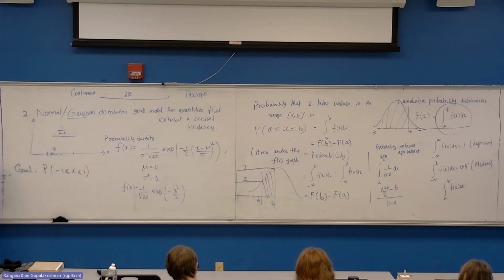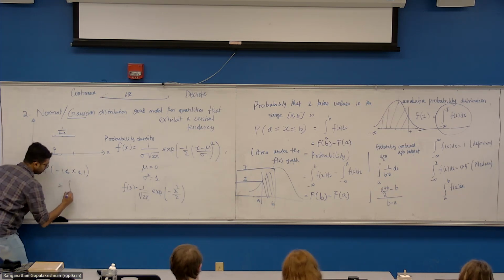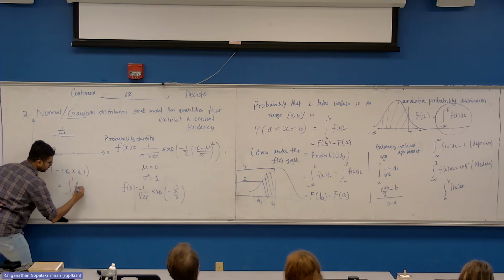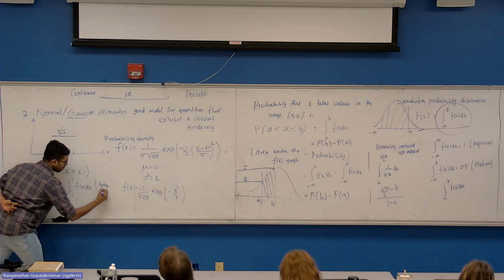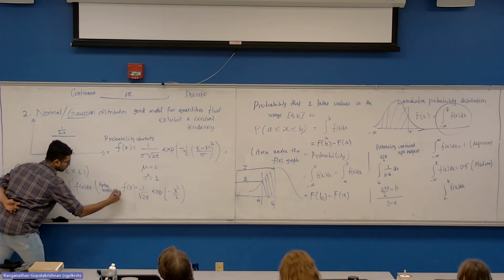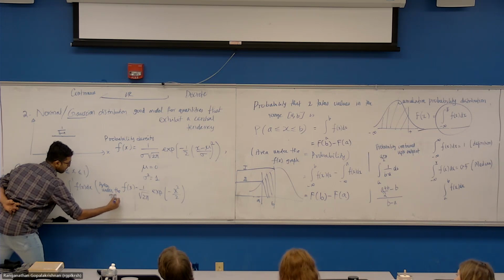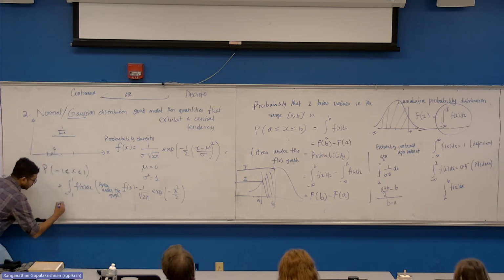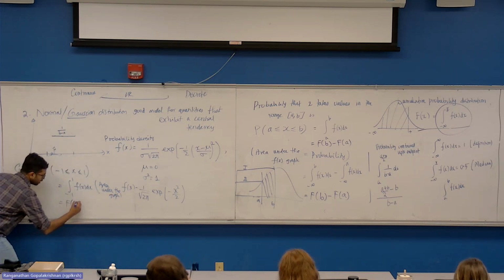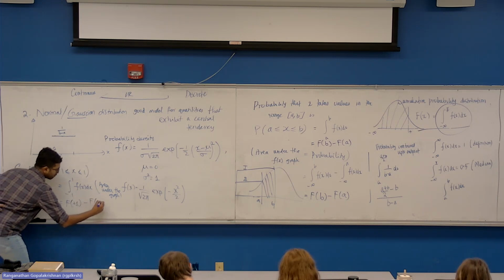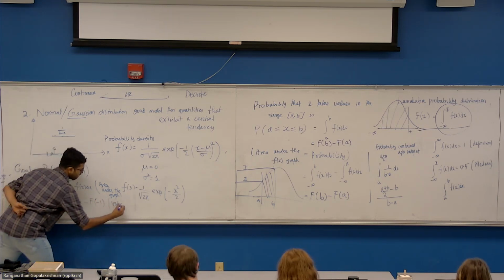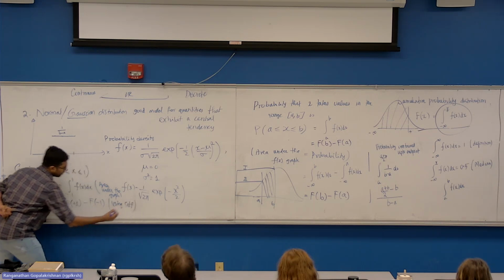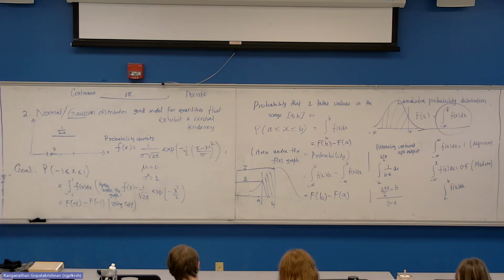That is the integral from minus 1 to plus 1 of f of x dx, the area under the graph, which is equal to F of plus 1 minus F of minus 1 using the CDF, the cumulative distribution function.